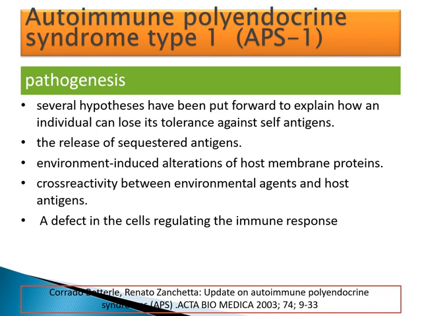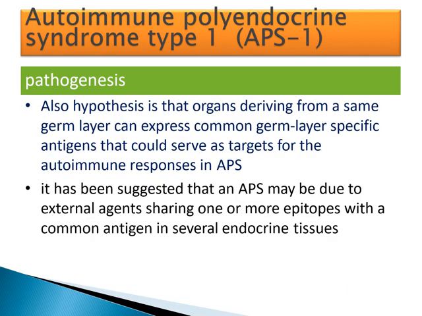Also, one hypothesis is that organs derived from the same germ layer can express common germ layer specific antigens that could serve as targets for the autoimmune responses in APS. It has been suggested that APS may be due to external agents sharing one or more epitopes with a common antigen in several endocrine tissues.